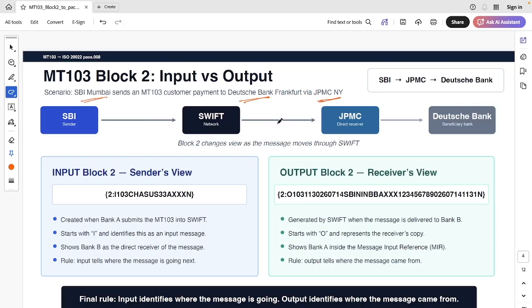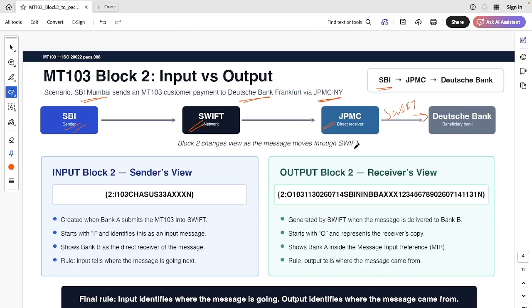The message chain is therefore SBI, then the Swift network, then JP Morgan, and then JP Morgan will again send it to the Swift network, and another Swift transmission comes into the picture here, which will forward the message to Dowsy Bank. For now, we will just discuss the leg between SBI and JPMC for this particular scenario.